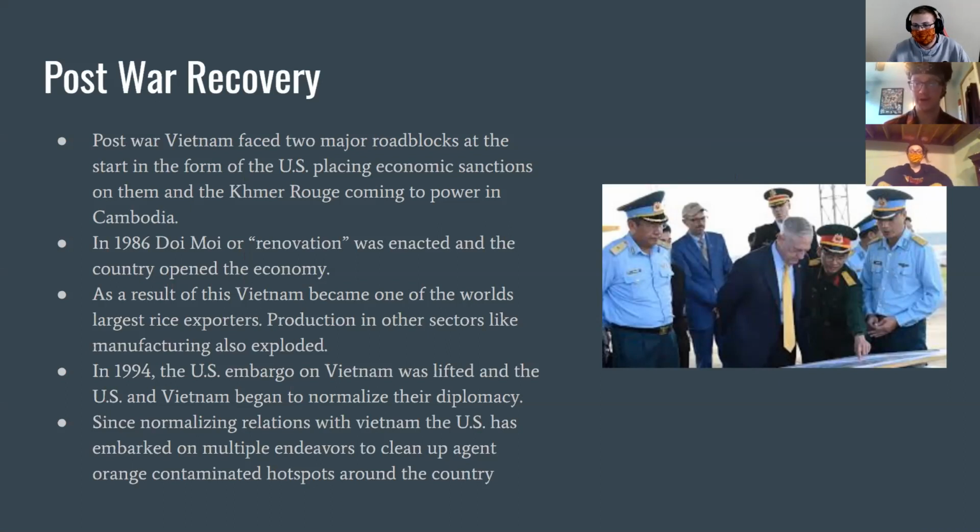The photo to the right shows the US Secretary of Defense, General Mattis, in Vietnam on one of the earlier visits the US took back to Vietnam as diplomats. He's meeting with a Vietnamese general at Da Nang Airport, which was a site where the US stored and prepped a lot of the Agent Orange chemicals.